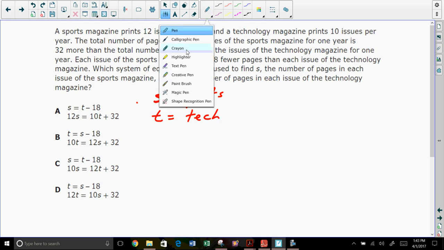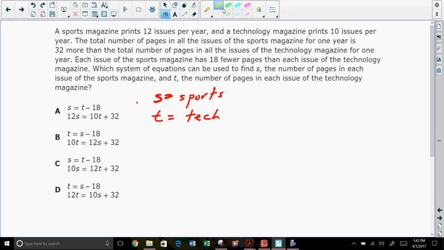Now we're going to see what they're asking us for in the problem. They're saying the total number of pages in all the sports magazine for 1 year is 32 more than the total pages in all the tech magazine for 1 year.